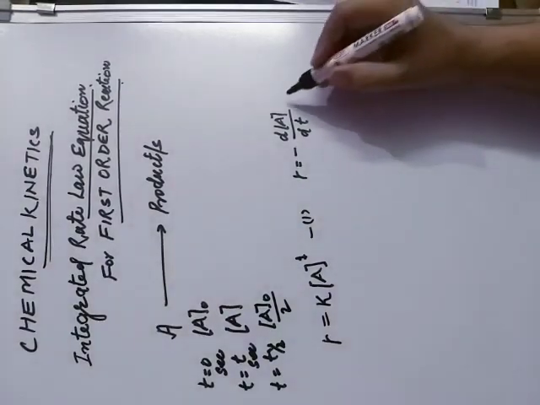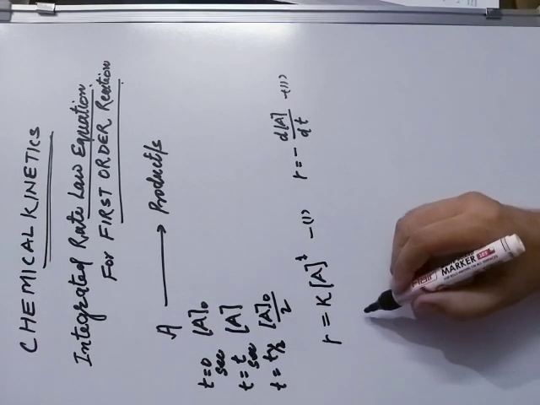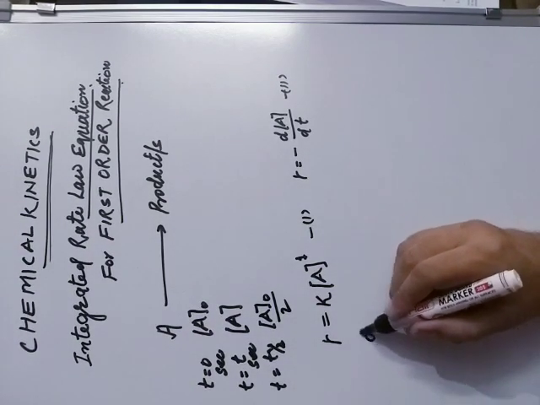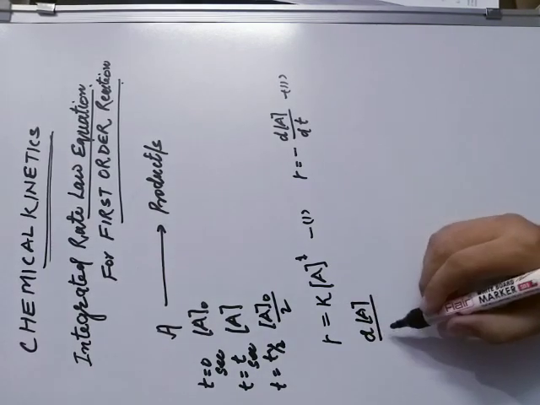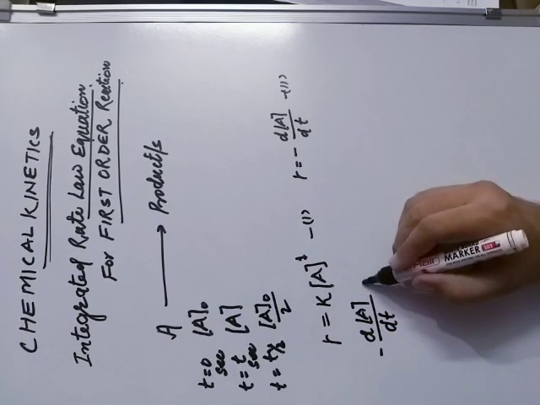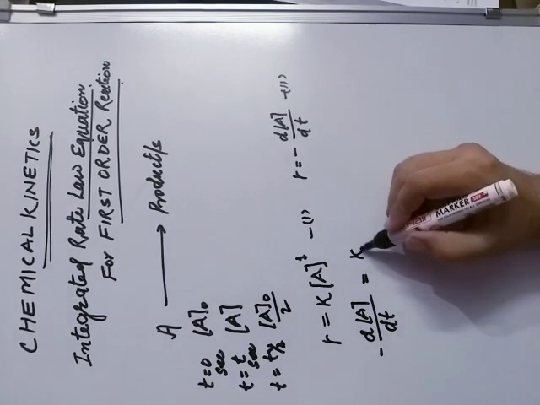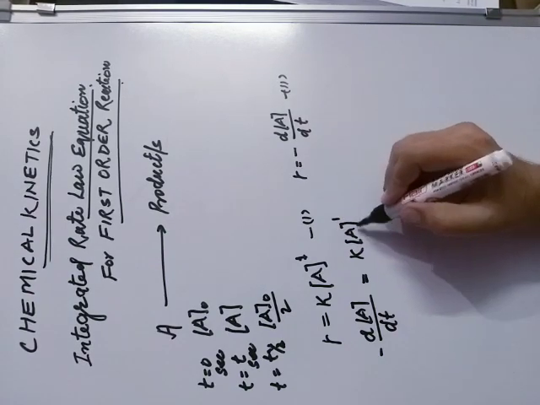This is our equation 2. We are equating, so that will be negative change in concentration of A upon change in time is equal to K A to the power 1. That is its order of reaction.